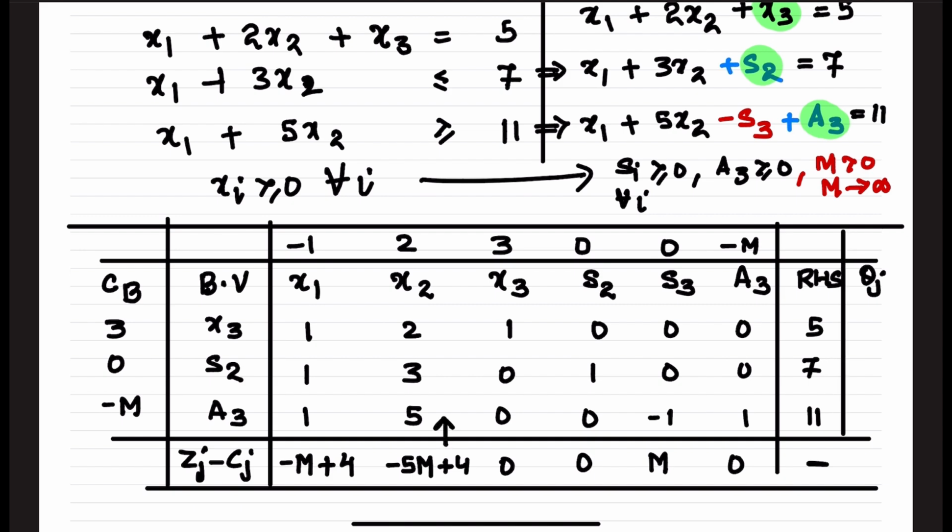For the minimum ratio, the ratio is 5 by 2, 7 by 3, 11 by 5. So this ratio comes out to be 2.5, this comes out to be 2.3, and this is 2.2.